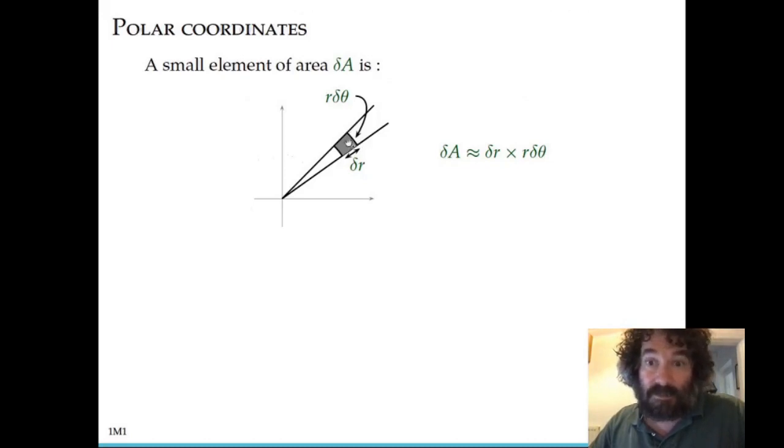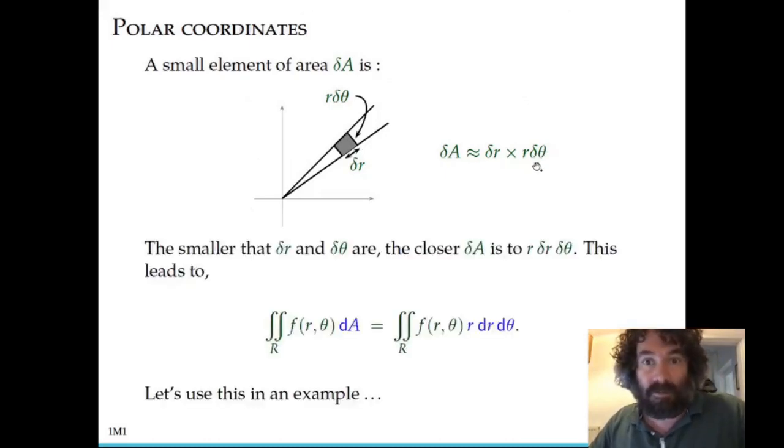And that's because the arc length here is going to be r times d theta. As r gets larger, the actual arc length subtended by a given angle gets larger, and it depends on r in this way. And so this region, described by a small change in r and a small change in theta, has area approximately given by delta r times r delta theta.